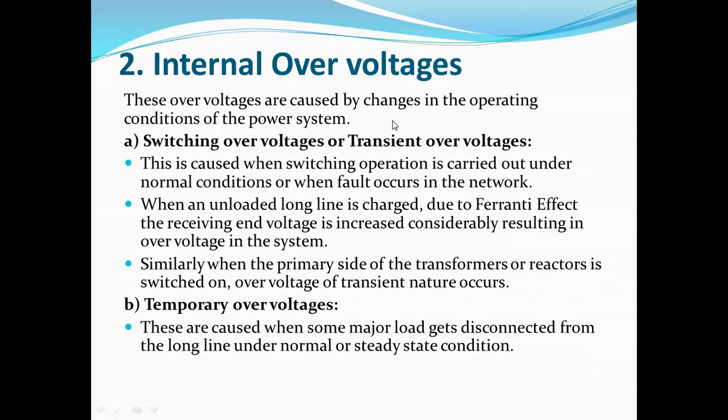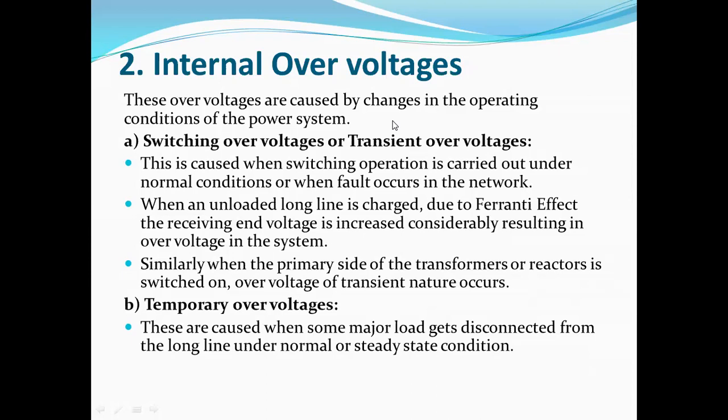Okay, so these switching over voltages are caused when operations are carried out under normal conditions or when a fault occurs in the network. You know the different types of faults occurring in the network. If any fault occurs in the power system, then the voltage increases.